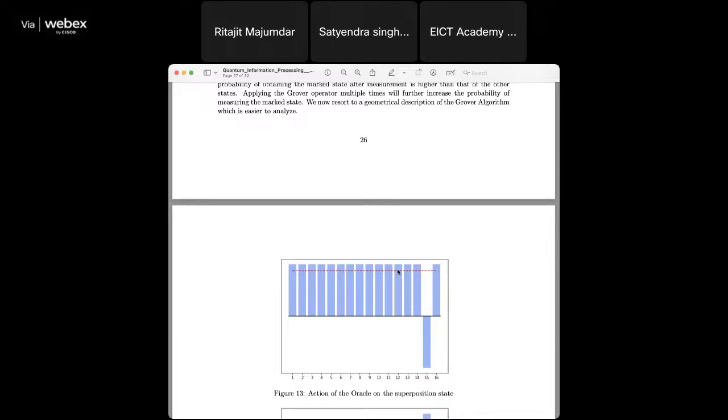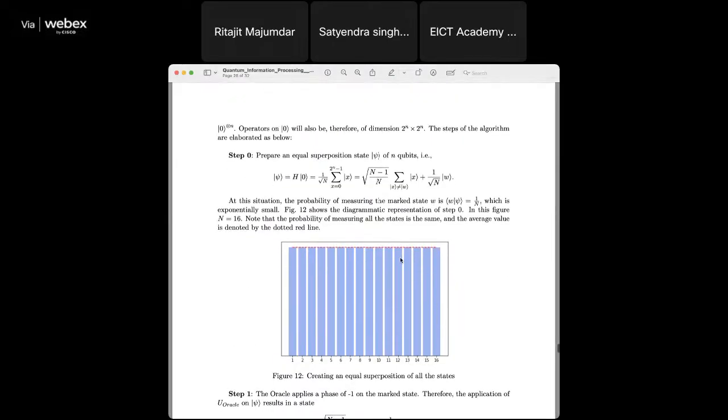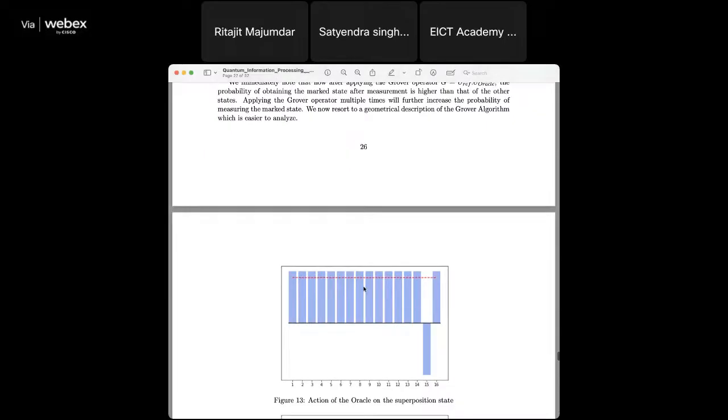This will pull down the average slightly, not too much, because when I'm thinking of a very large n, there are so many of them which still have the same value, and only one of them has flipped. So it will pull down the average slightly. Previously the average was the same here. Now the average goes down slightly.